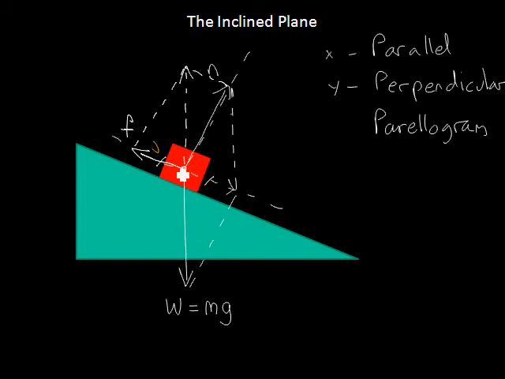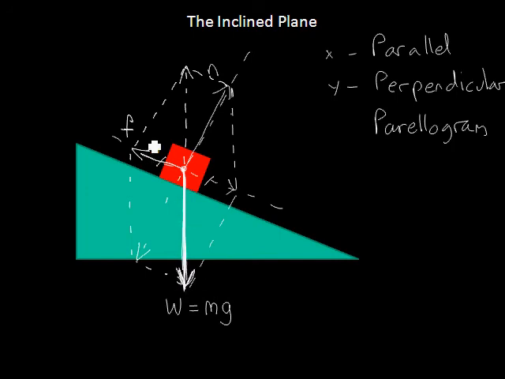And finally, because it's not jumping off the ramp or falling back down through the ramp, we could apply the parallelogram rule to the frictional force and the weight, and the vector sum of those two, if I draw that in, is down here, and it's equal and opposite to the normal force.